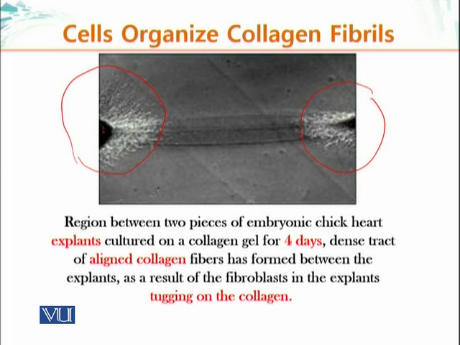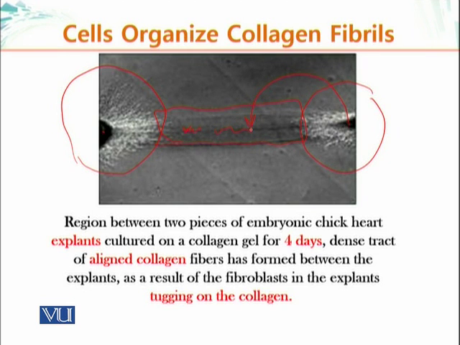They have pulled this collagen matrix into a sheet, like a rubber band sheet structure. This took about 4 days, and these two explants reoriented the collagen into this sheet-like structure. And after they altered the collagen, some of these cells actually came out of the explant and started crawling and growing on the collagen.